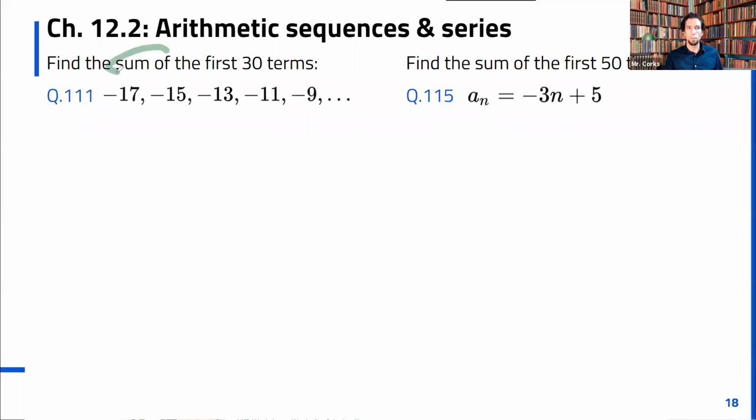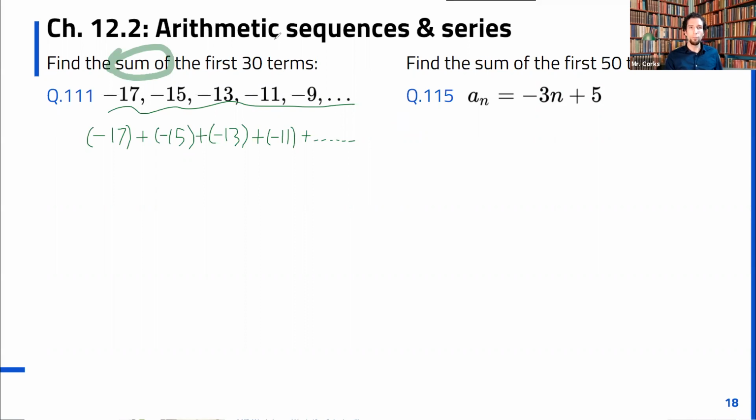Sum, again, means we are adding up all of the parts. So that means that we're going to imagine we have a plus sign between all of these. So -17 plus -15 plus -13 plus -11 plus ... for 30 terms up to whatever those would be.